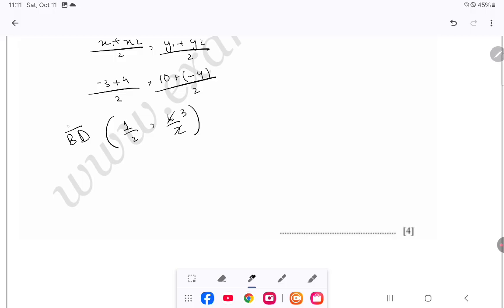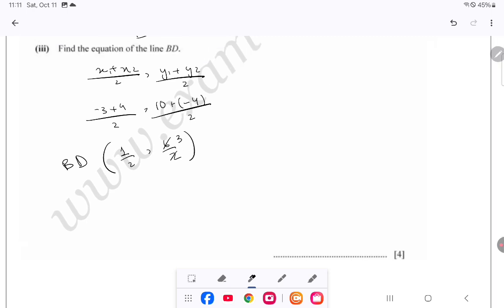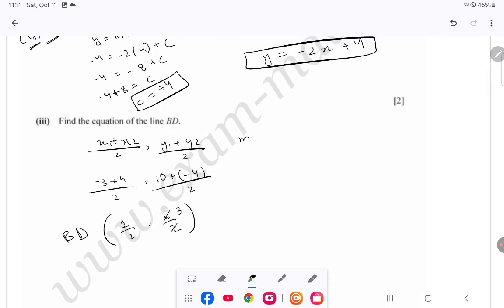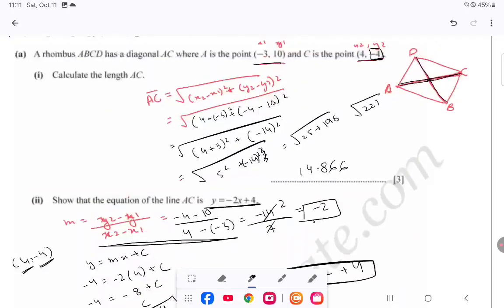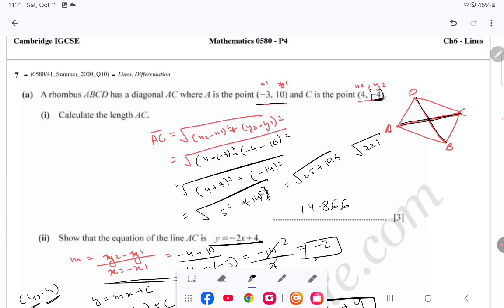Now we have the points for the slope, which we need for the line equation, which is y is equal to mx plus c. M will be perpendicular right here. As you can see, they are making 90-degree angle with the line AC.